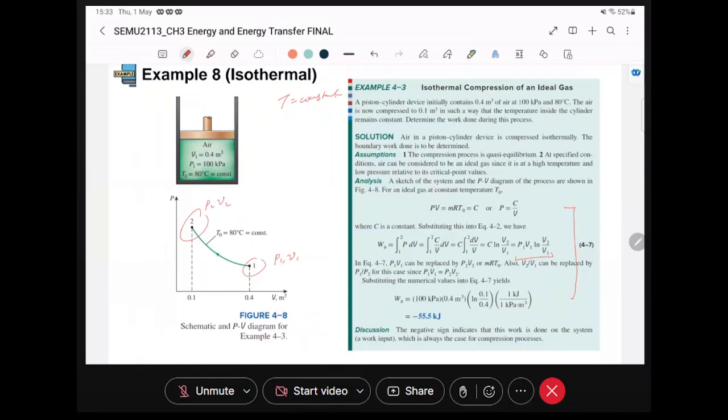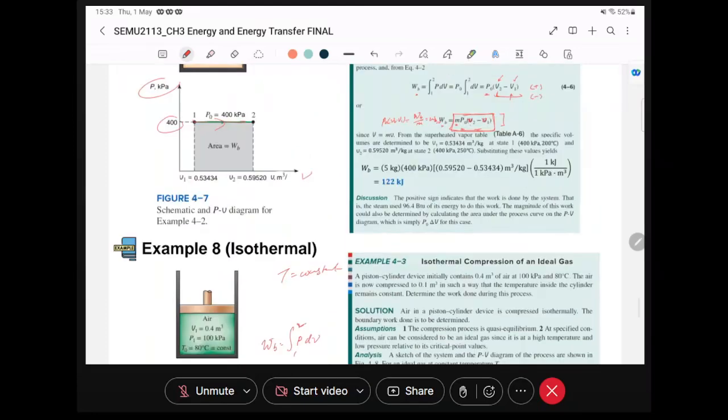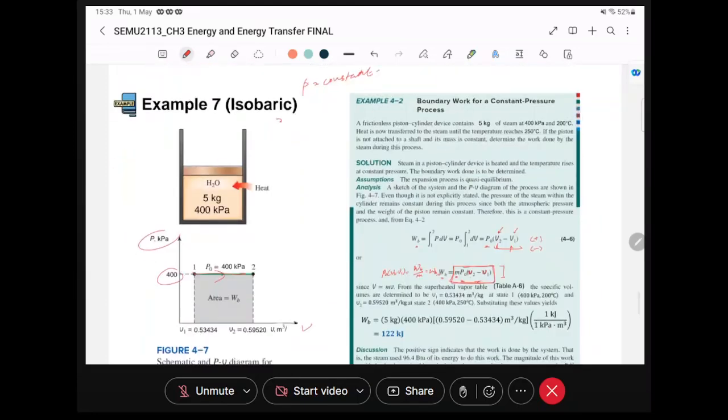Okay, so depending on the type of process, the boundary work is always P dV from 1 to 2. Okay, if it's an isobaric process, there's a constant pressure, then we can reduce to this equation, much easier.